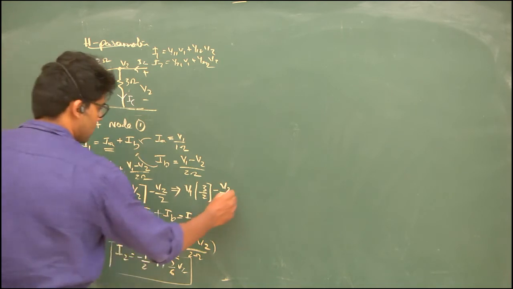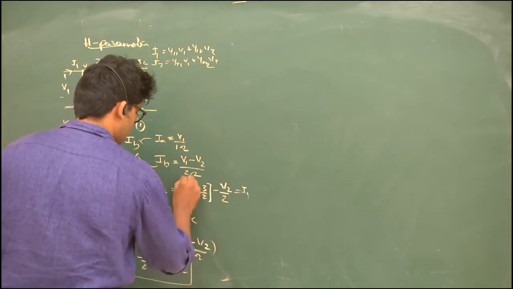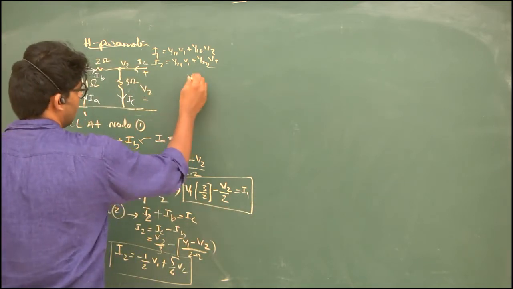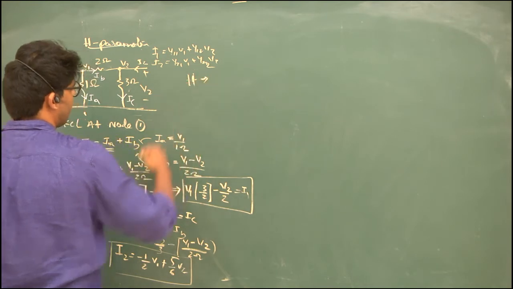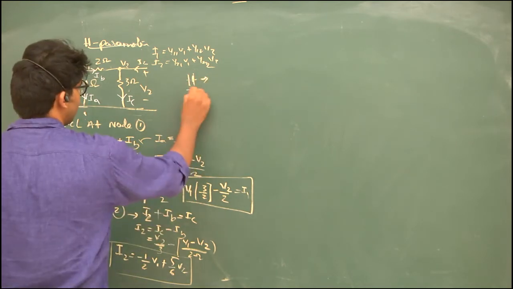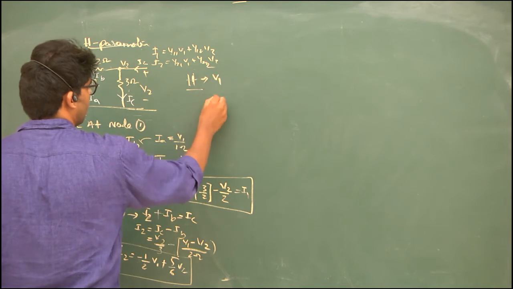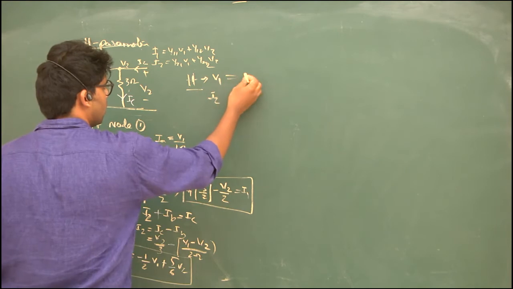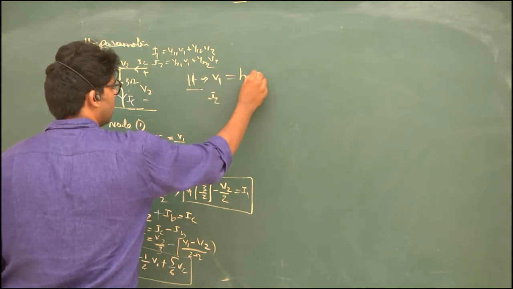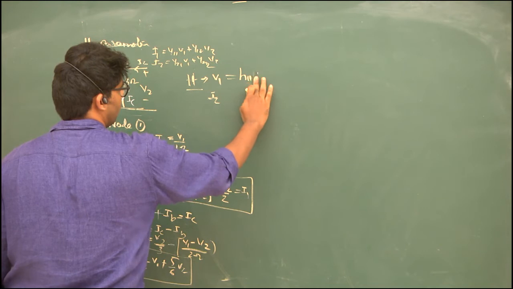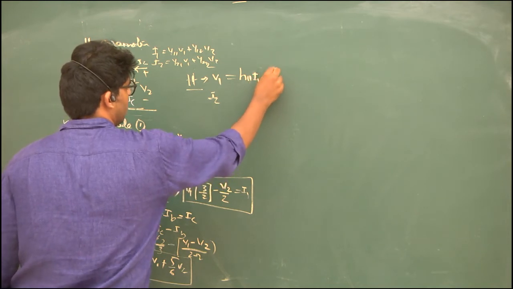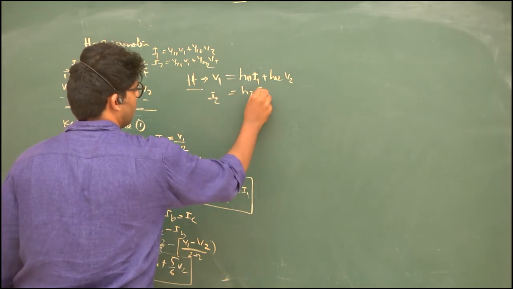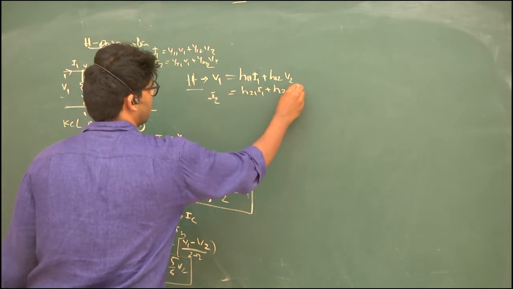Okay. This is I1. Now our motto is to find the parameters. In general, for H parameters, I1 and V2 are independent variables, and V1 and I2 are dependent variables, in the form V1 equals H11 I1 plus H12 V2, and I2 equals H21 I1 plus H22 V2.